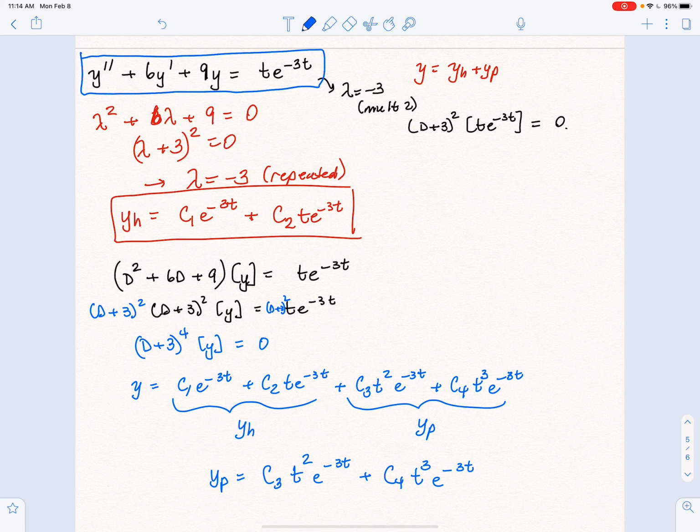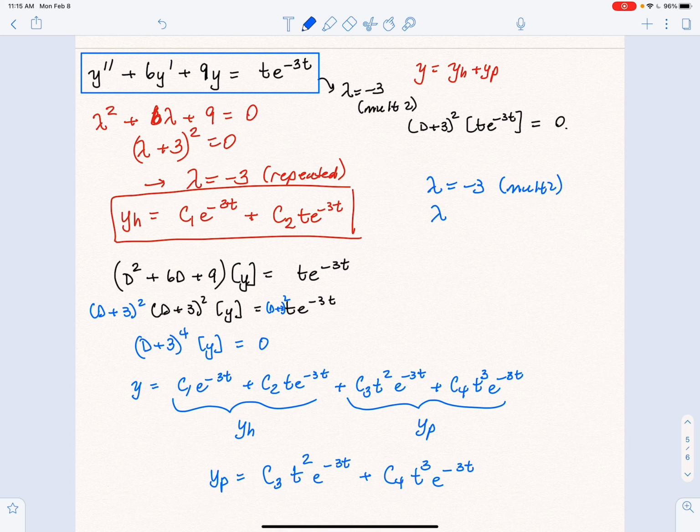After looking at the characteristic equation, you get lambda equals negative 3 with a multiplicity of 2 on the left, and on the right, you know that that function corresponds to lambda equals negative 3 multiplicity 2. So combining them together, you need to account for a multiplicity of 4, which means whatever got soaked up in the homogeneous, the rest is the particular, which is why there's 2 terms.